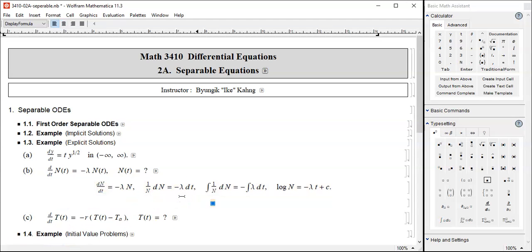Let's solve for N. So N is therefore e to the negative lambda t plus c. And is that enough? Well, for this particular problem, yes it is, but we can do better, and we have to do better. Let me expand the font a little bit here. How do you manipulate it? This right-hand side can be rewritten like this.